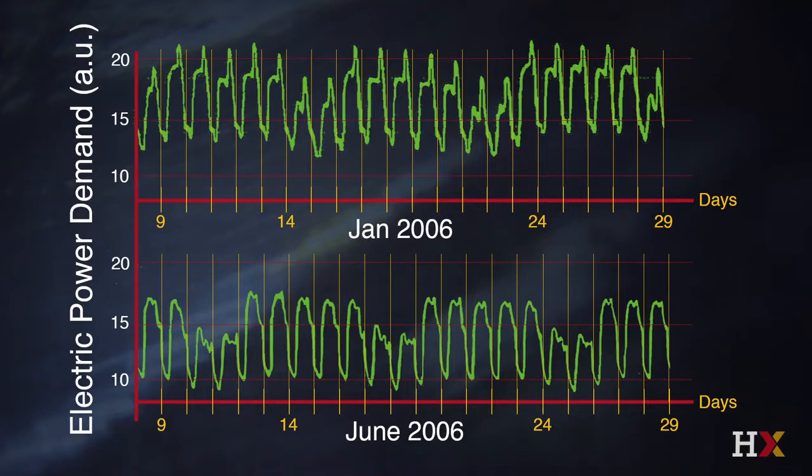Now, you can immediately look at one of these plots and make a judgment about what latitude this is, because if more energy is going into heating in the winter than in cooling in the summer, it means it's a more northern latitude. As you move to southern latitudes, the cooling demand from air conditioning dramatically exceeds the heating demand. But we'll take this as a typical mid-latitude northern hemisphere case.